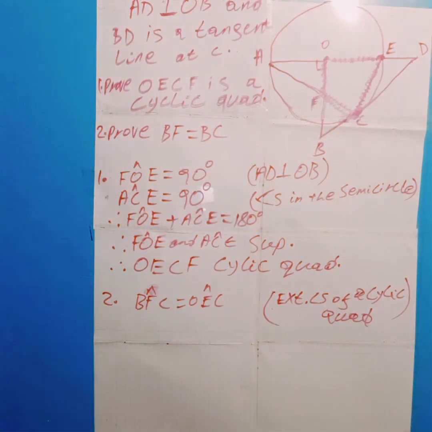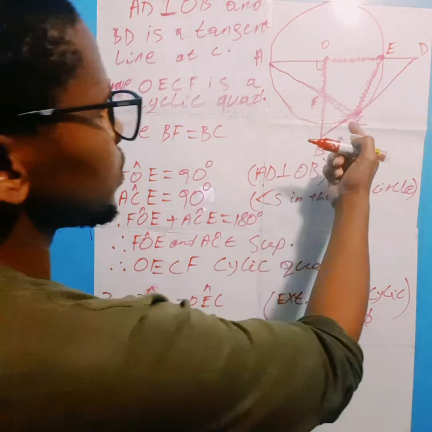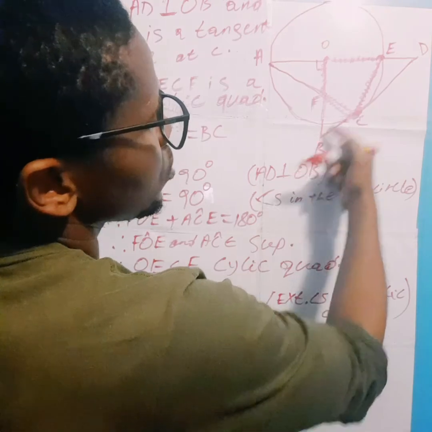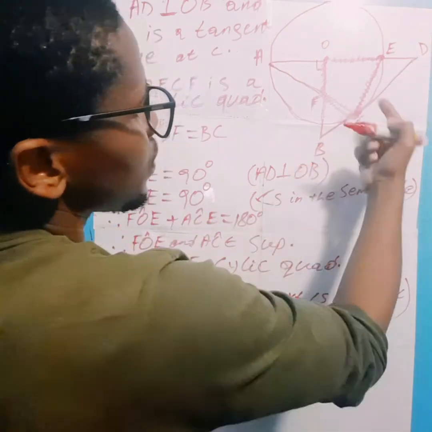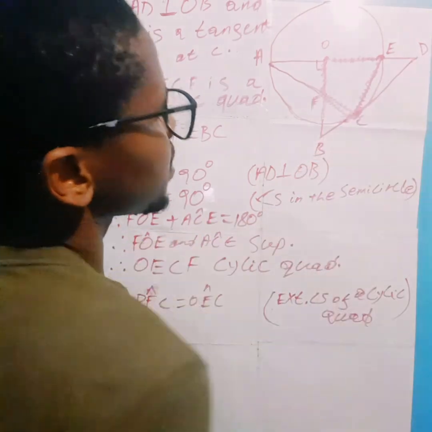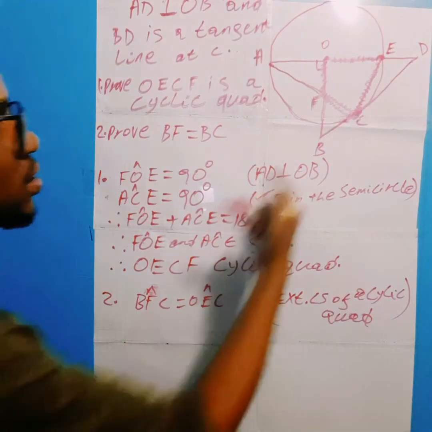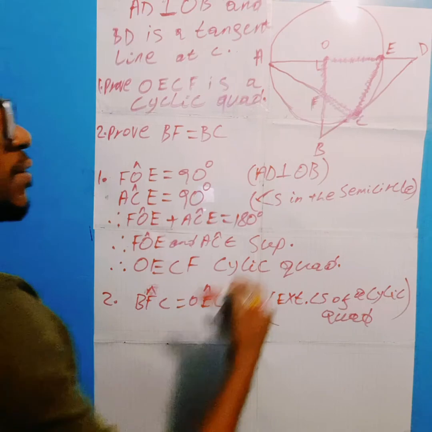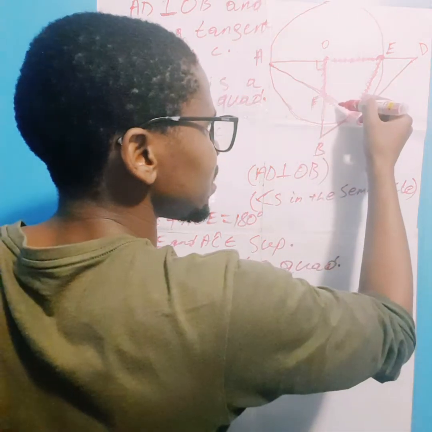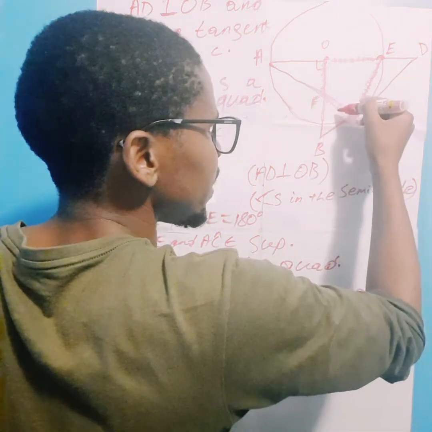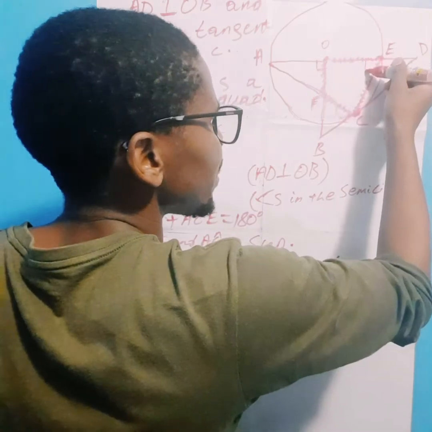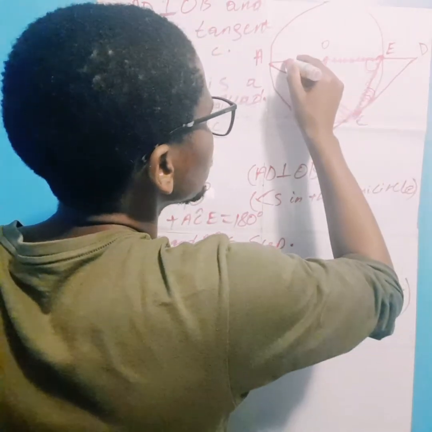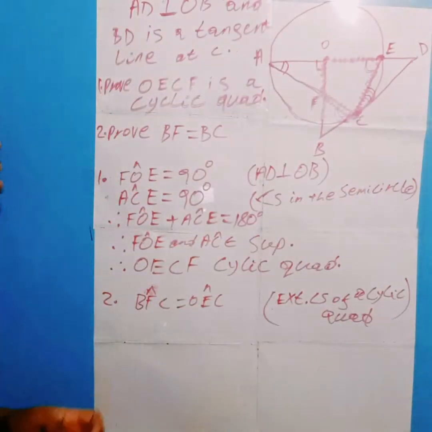Another one is that it's given that BD is a tangent line. Since this is a tangent line, this would mean that this angle over there is equal to that angle, and also this one is equal to that angle.